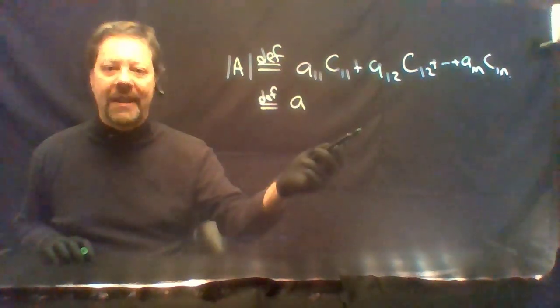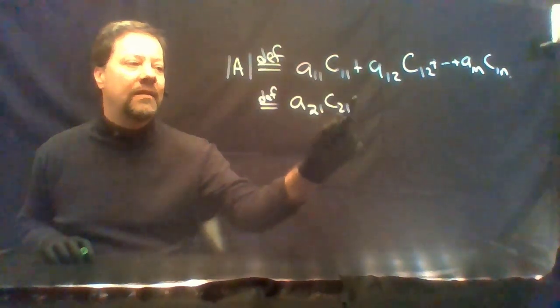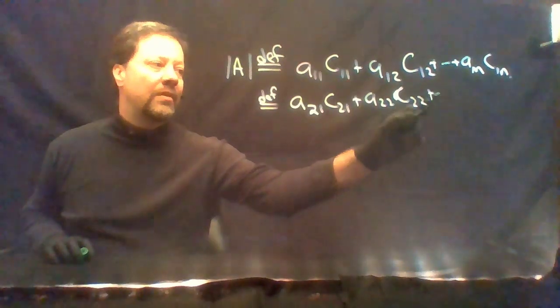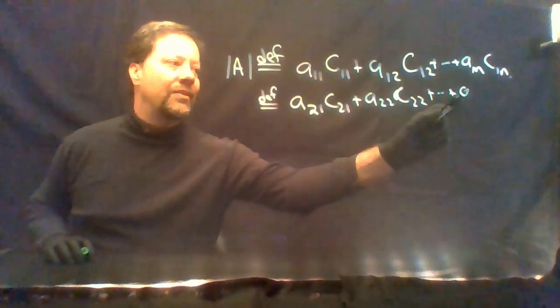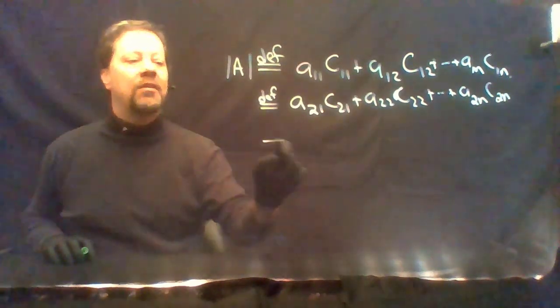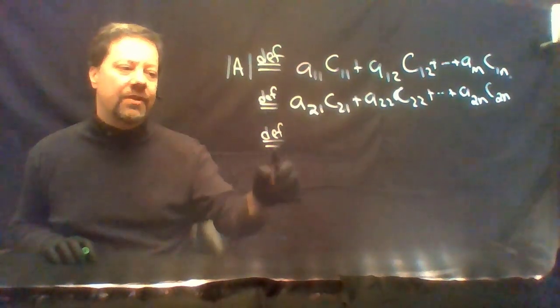So cofactor expansion around the second row would be A21C21 plus A22C22 plus all the way down to A2nC2n. But you'll get the same thing if you do the cofactor expansion around the first column.